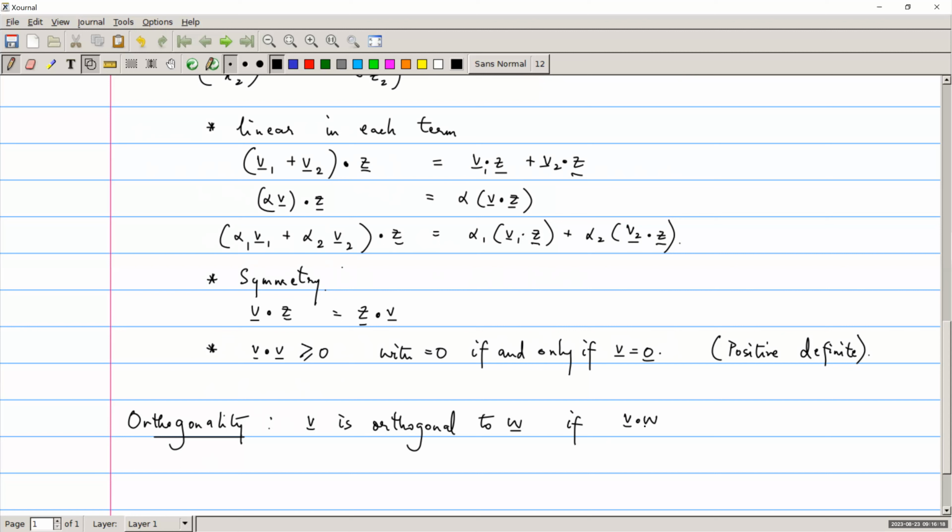Geometrically it means perpendicular, but like I said, we are de-emphasizing the geometry. If the vectors are perpendicular to each other, their dot product will be 0.